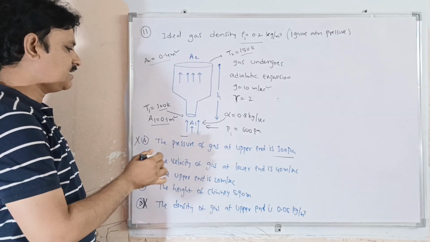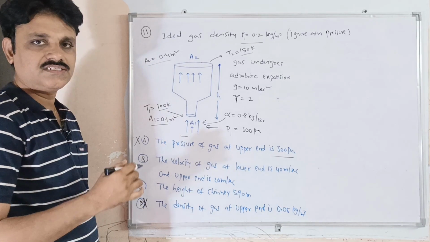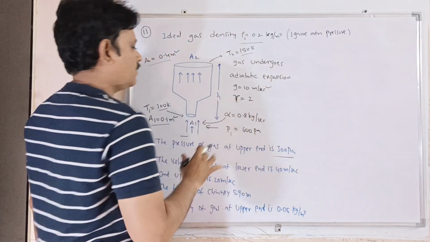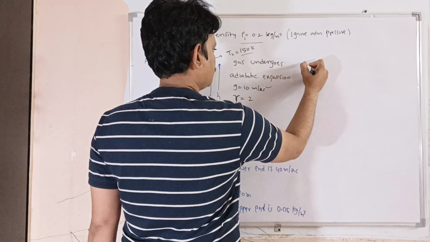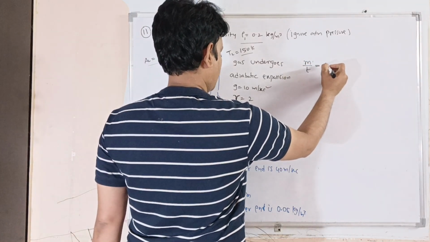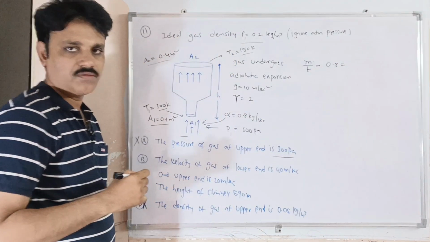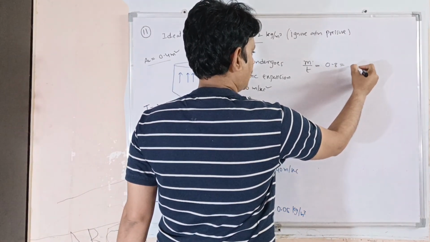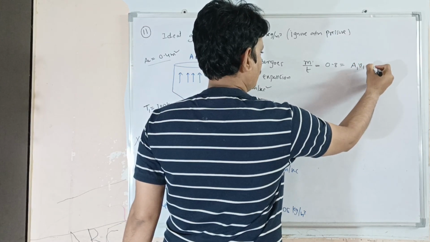The velocity of the gas at the lower end is given as 40 meters per second and at the upper end 20 meters per second. We need to verify whether those are correct or not. Here the mass rate is given at the lower end. Mass rate is nothing but mass by time, that is 0.8 kg per second, but mass is equal to volume into density, right? So volume into density, that is area of cross section into velocity into density.